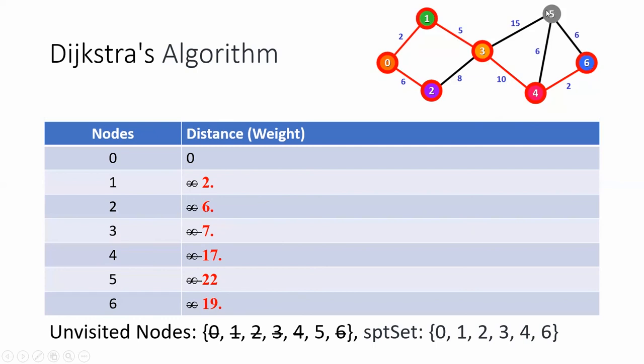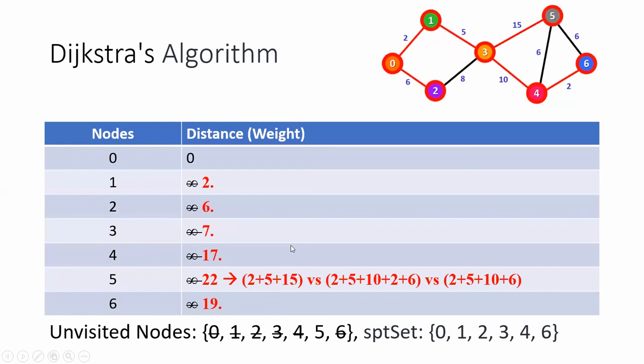But we still have 5 that is not traveled yet, right? Because we're going to put 6 into the shortest path list, and at last, we go to and check on 5. So for 5, it has 3 ways. One way is to go from 0, 1, 3, and then from 3 to 5.